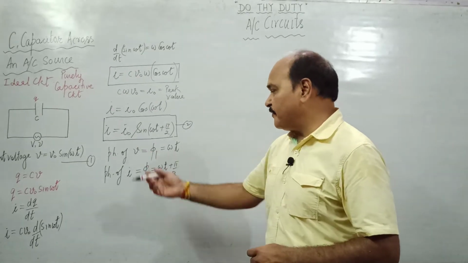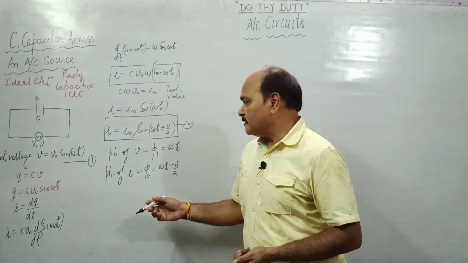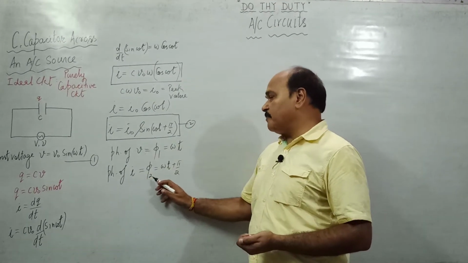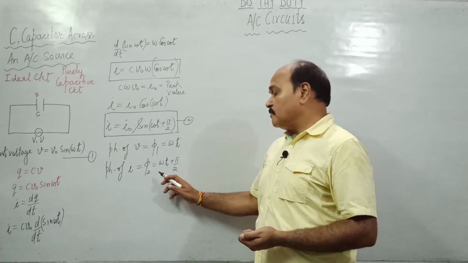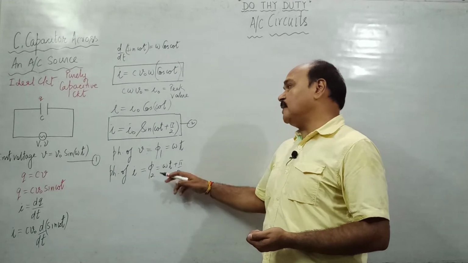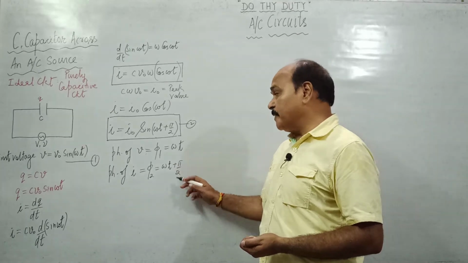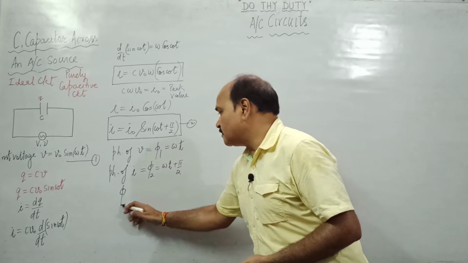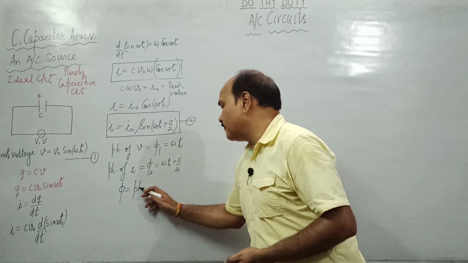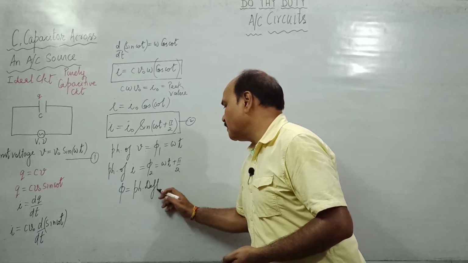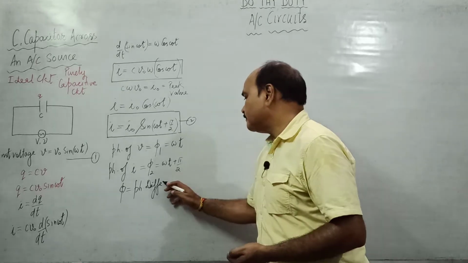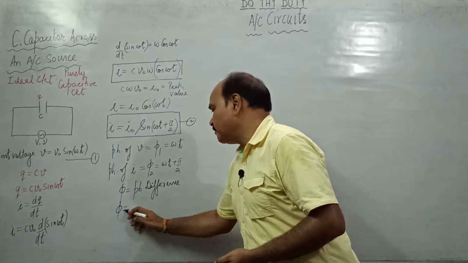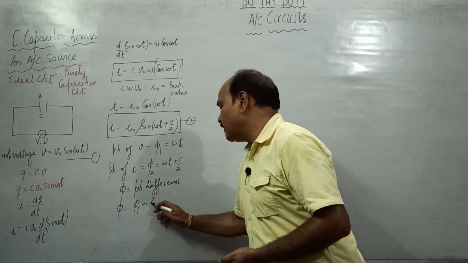Now if we compare the phase, what do we say? The phase of voltage is lesser than the phase of current by pi by 2, or the phase of current is more than that of voltage by pi by 2 radian. This phase phi is the phase difference between voltage and current, which is phi 1 minus phi 2.